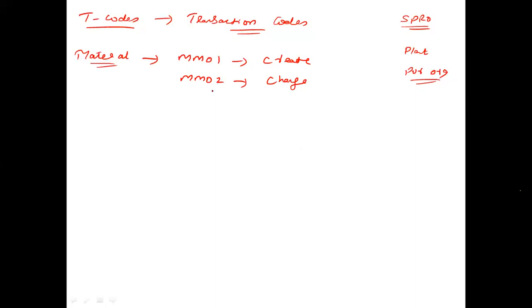And to display the material, we have T code MM03. You can just display the material here; you cannot make any changes. So these are the different T codes used for materials in the system. Now let me go to the system and create a material.